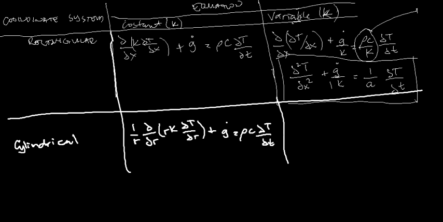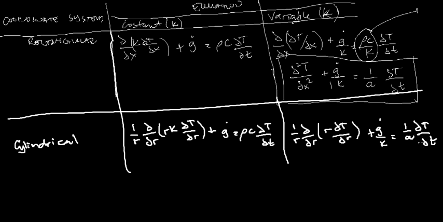Okay, so if we have a variable k, then following the same concept, we have 1 over r, d/dr of r dT/dr plus the heat generation over k is equal to 1 over alpha dT/dt.